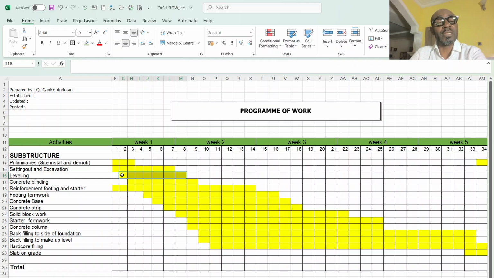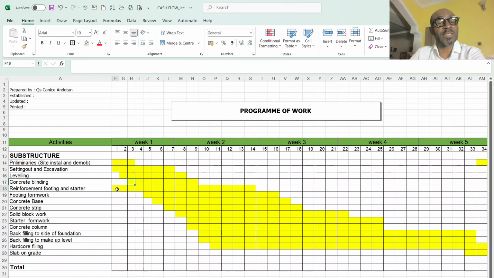Even though it is a start to start job, there is a 1 day lag between the two activities. The people responsible for the leveling and compacting will move into the area that was dug the previous day and start compacting. Then the concrete also has a 1 day lag after the leveling and compacting.